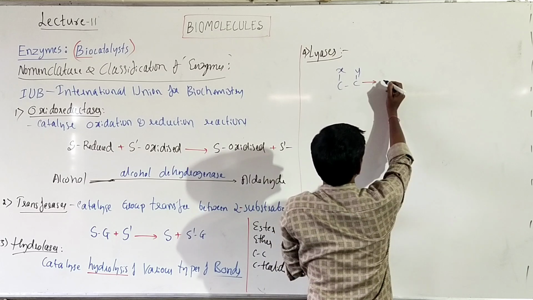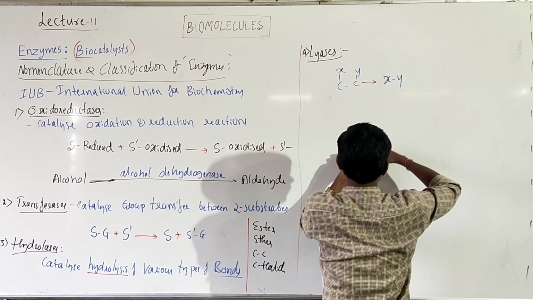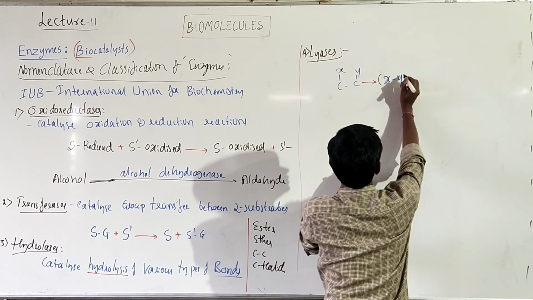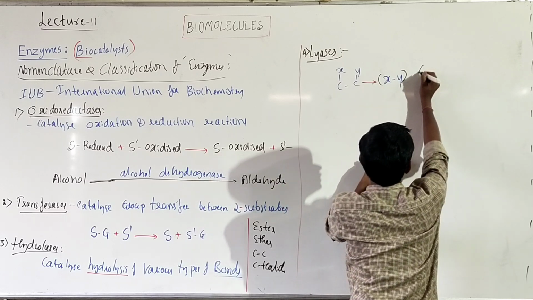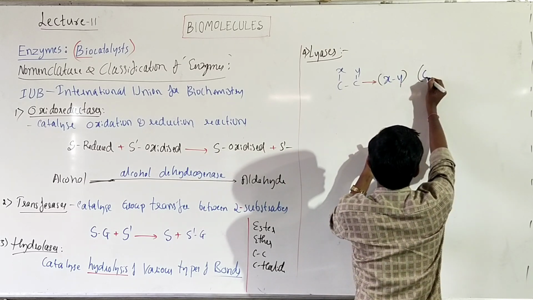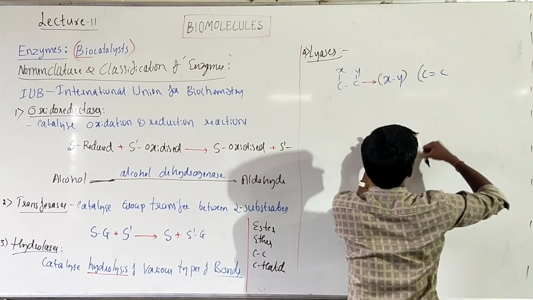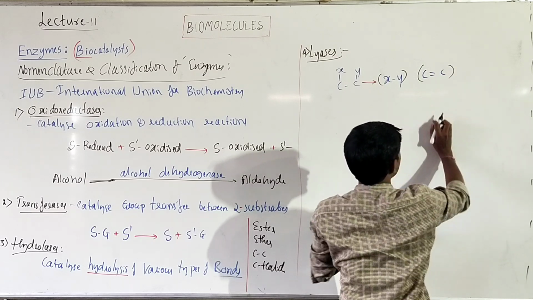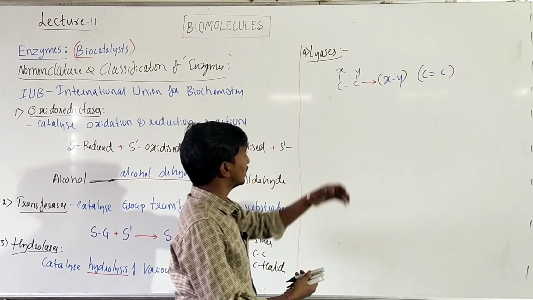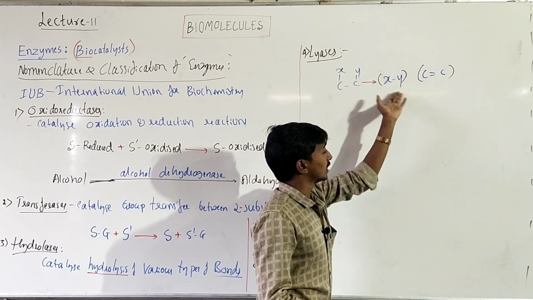For example, X, Y, and lastly they will keep carbon double bond carbon. Just they will take out the groups and keep them away.